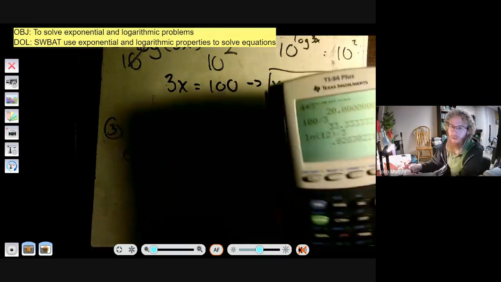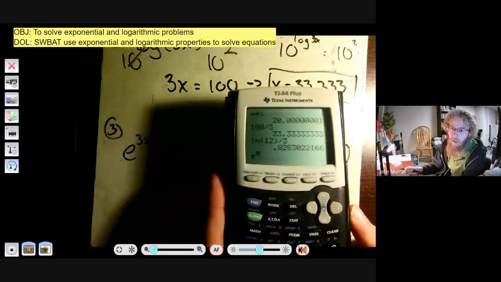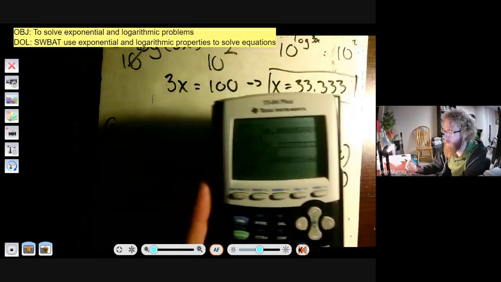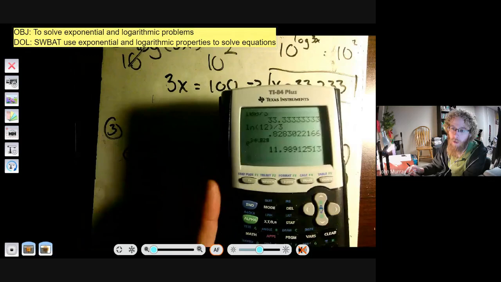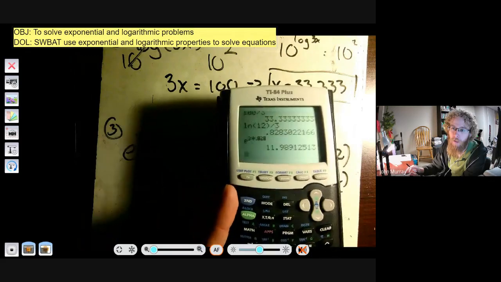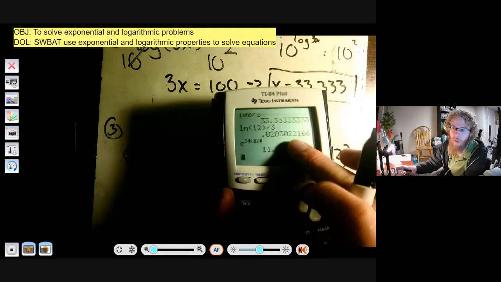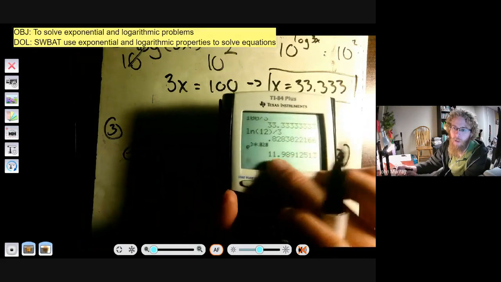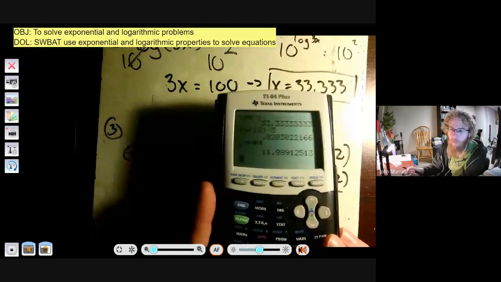And again, I'll just double check. e to the power of 3 times 0.828. And that's really close to 12. Again, if I was more accurate with my decimal here, if I plugged in this whole thing, this would be extremely close to 12, probably like 11.999999.